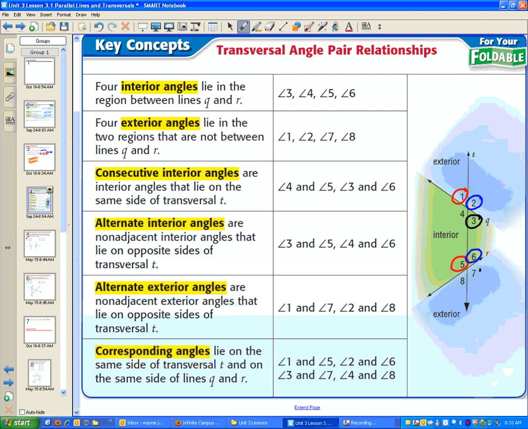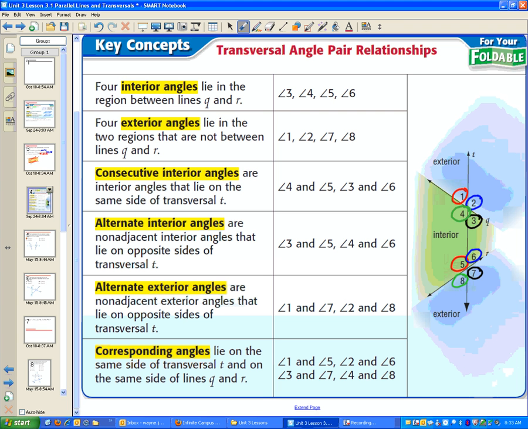Angle 7. Because they're both to the right of the transversal, they're each below the line that helps form them. And then, it's fairly obvious, what's the only pair of corresponding angles we haven't named? Angle 4 and angle 8. Notice again, in each pair of corresponding angles, one of them is an interior angle, one of them is an exterior angle.